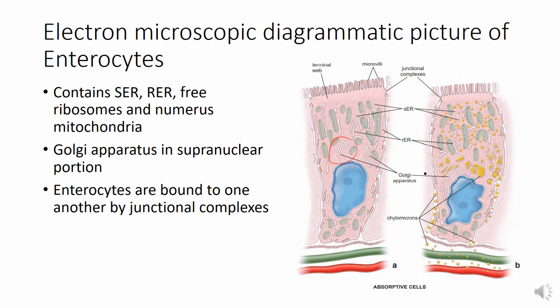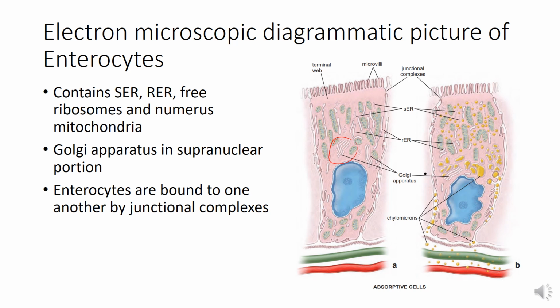The enterocytes are closely bound to one another by the junctional complexes. This is so because the products of digestion compulsorily pass through the absorptive cells, and they do not adopt a paracellular route.